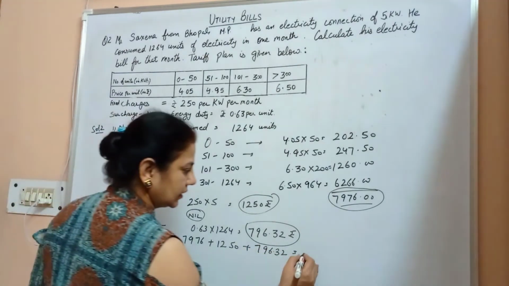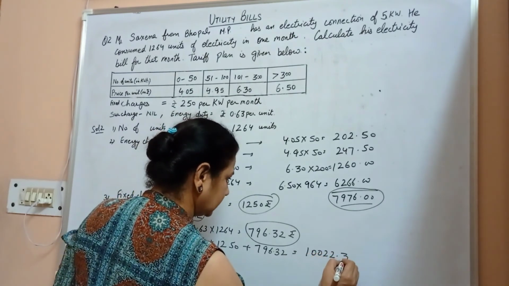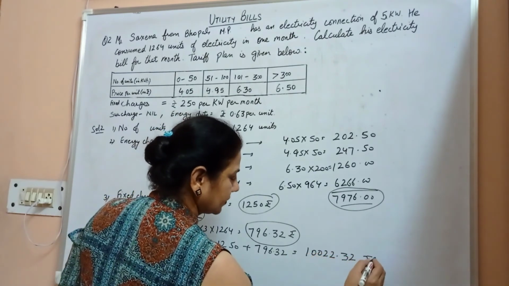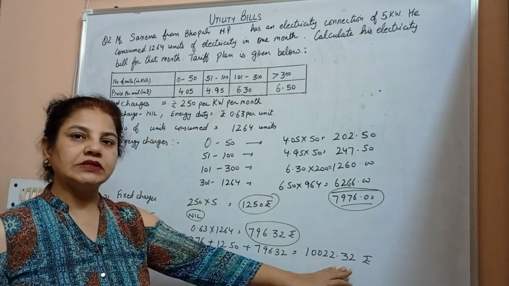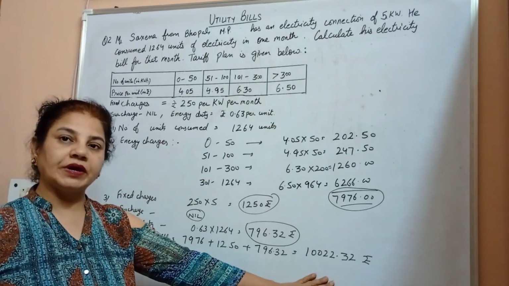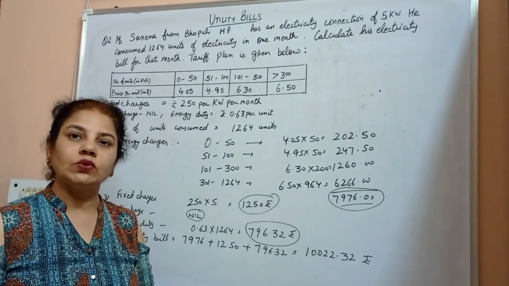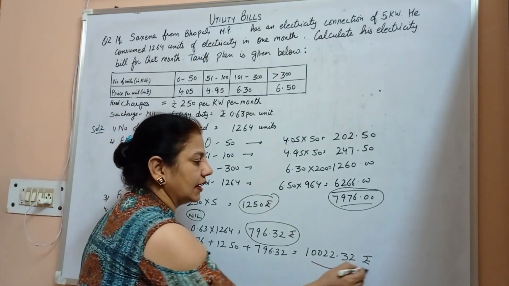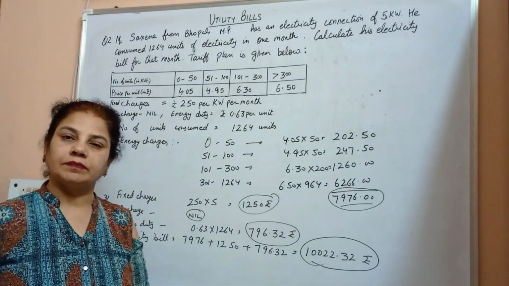Adding all this, we get 10,022 rupees 32 paisa. So that means Mr. Saksana has to pay the electricity bill as 10,022 rupees 32 paisa.